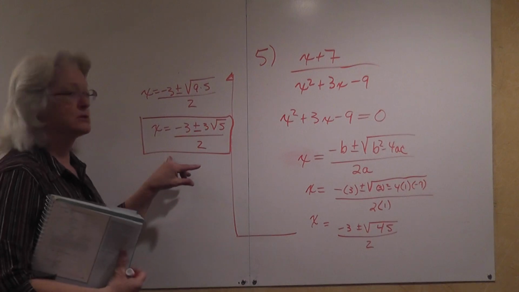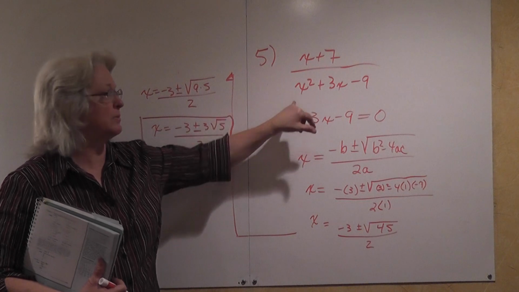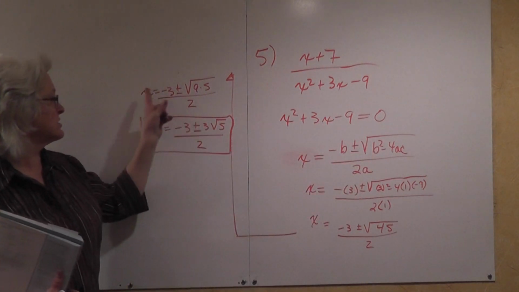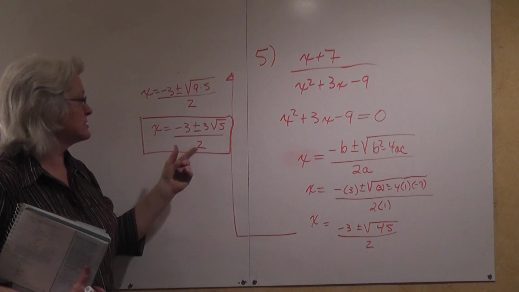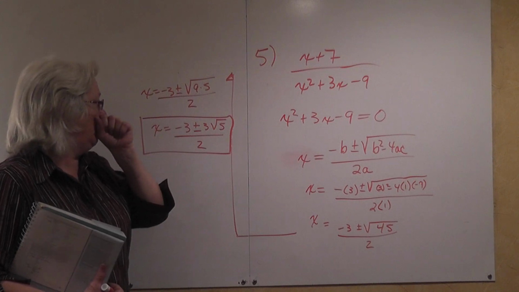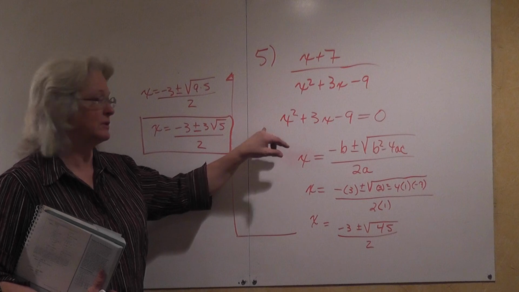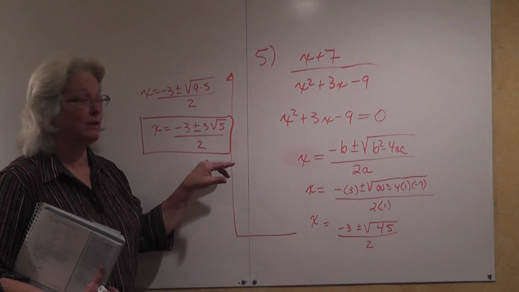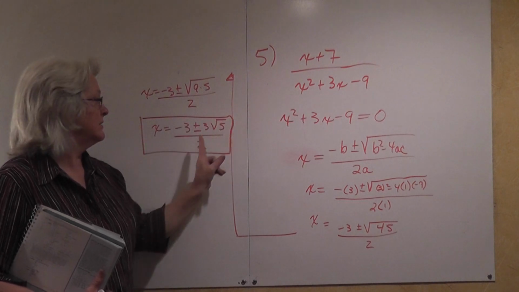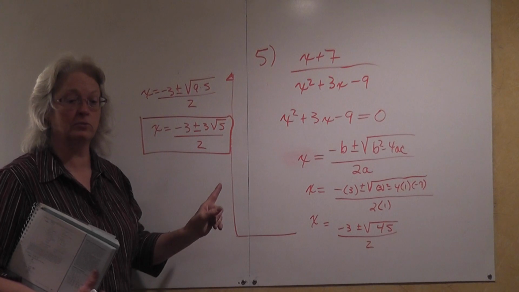You know a rational expression is undefined when you have taken that denominator, set it equal to 0, and solved for the values of x that will give you a 0 denominator. There's no way we can say x squared plus 3x minus 9 factors into this. So this is why you have to know the quadratic formula.